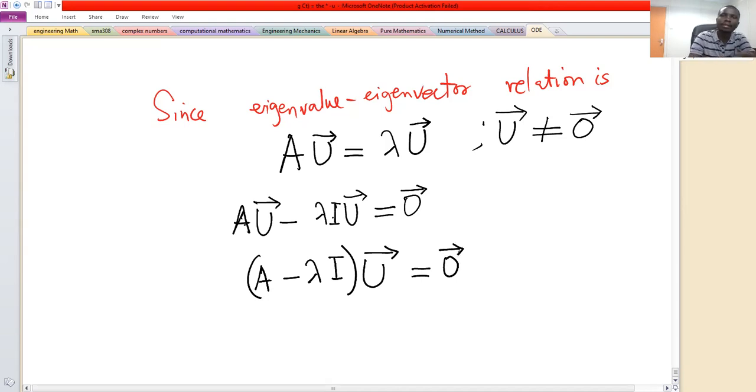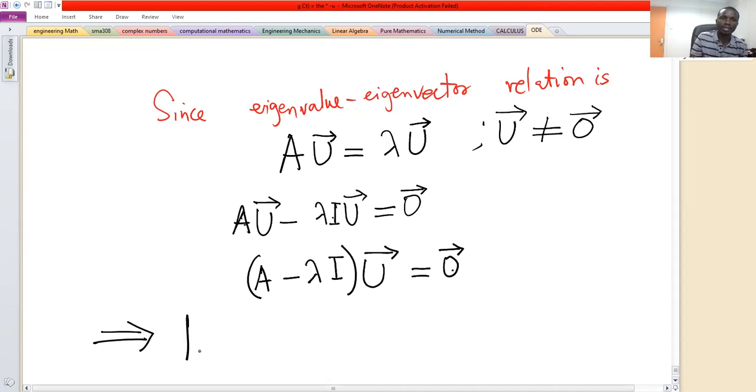Now, already this u is a non-zero vector. So if this product is to give us 0, then this implies something about this matrix. And because it's a matrix, for us to multiply it by another vector to get the zero vector, we need to describe it in terms of a scalar. And if you have a matrix, what defines a scalar with respect to the matrix is the determinant.